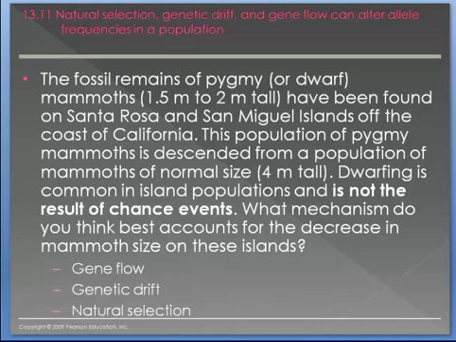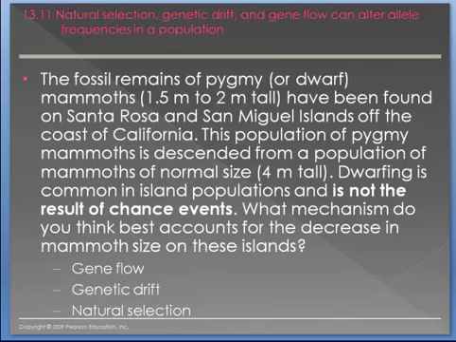Dwarfing is common in island populations and is not the result of chance events. What mechanism do you think best accounts for the decrease in mammoth size on these islands? Is it gene flow, genetic drift, or natural selection?